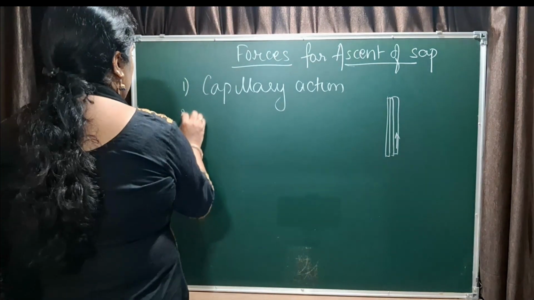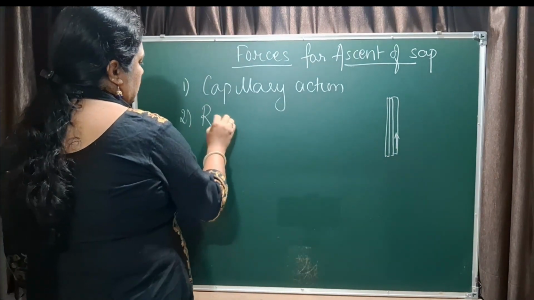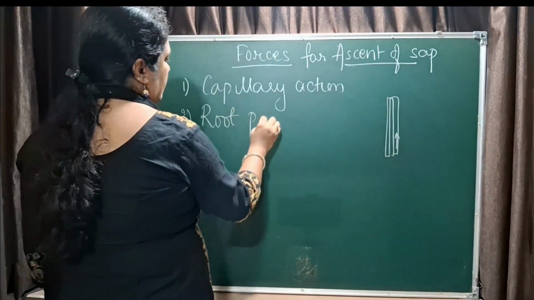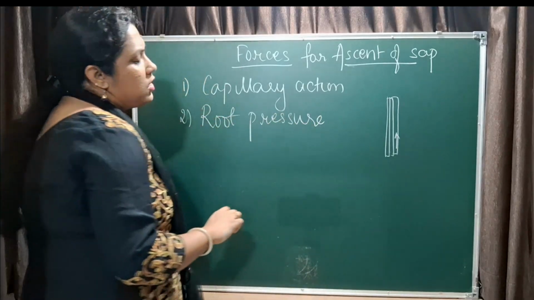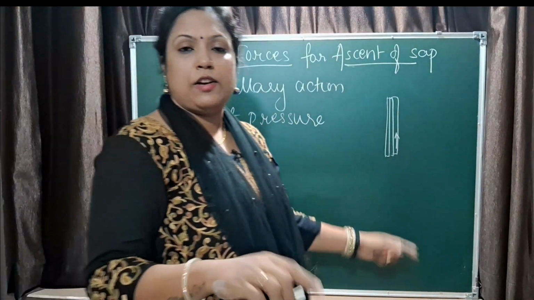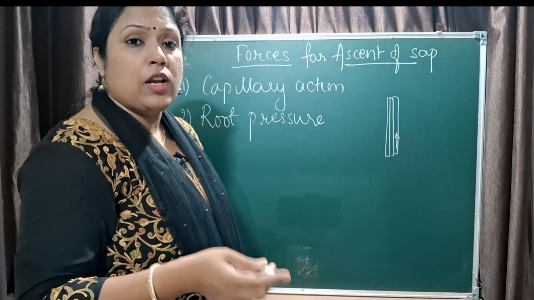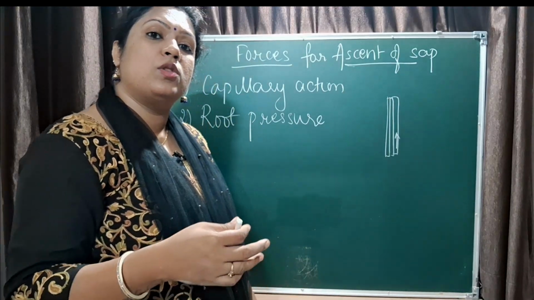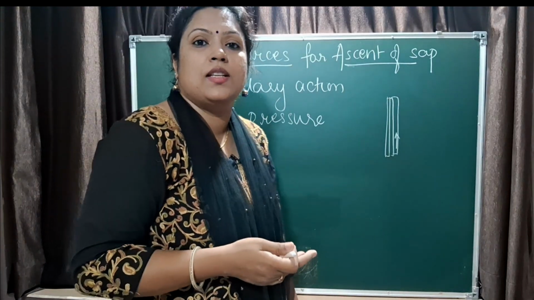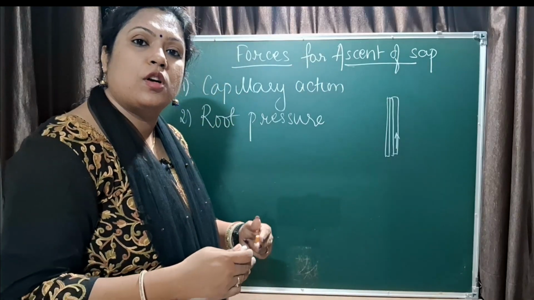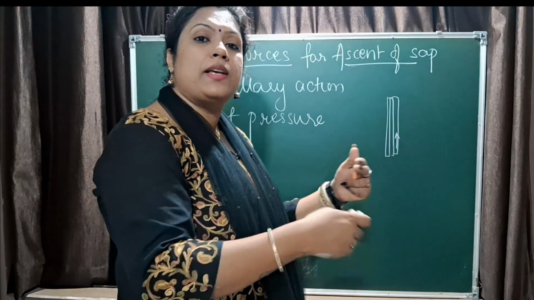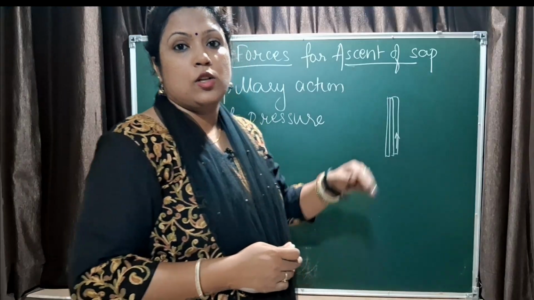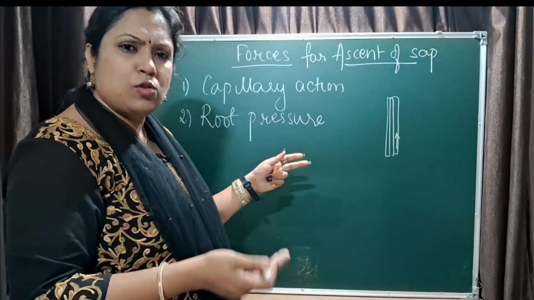Then you have the root pressure. Now, root pressure is because of the osmosis that will happen from cell to cell. Osmosis will lead to the development of turgidity in the cells, which forces the water from one cell to the other, leading to the movement of water cell by cell in the plant to a certain height, that is around 2 meters.